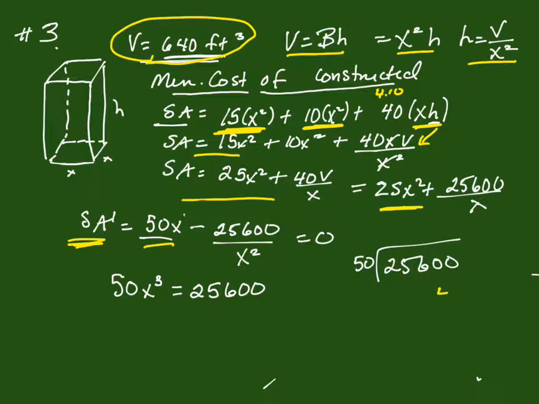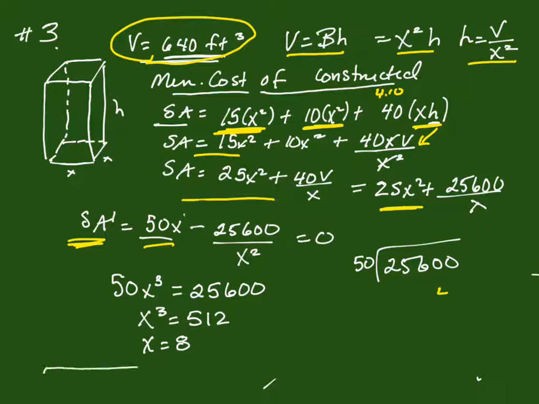And let's get common denominators. That would be multiply the first one by x squared. So we get 50x cubed equals 25,600. So if you divide that by 50, you get 512. So x cubed is 512, which is the cube root of 8. So x is equal to 8.